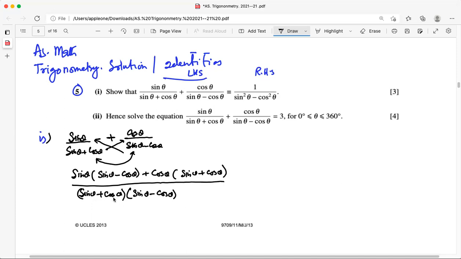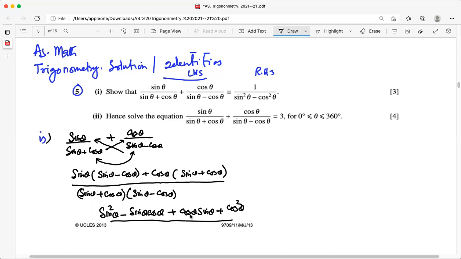Now let's make them simpler. So sine square theta minus sine theta cos theta plus cos theta sine theta plus cos square theta. Okay, fine.